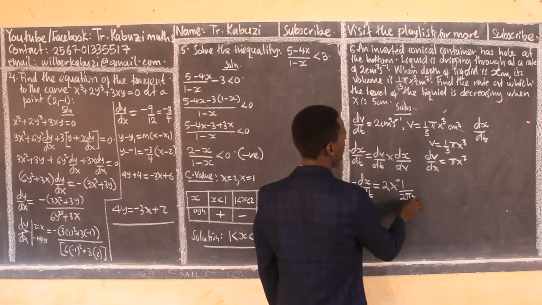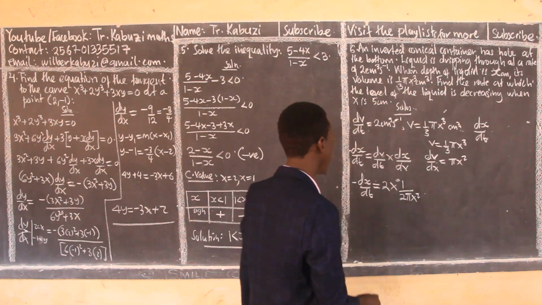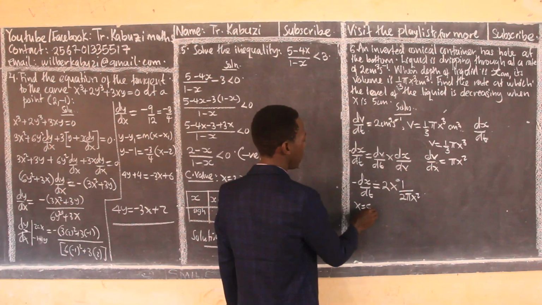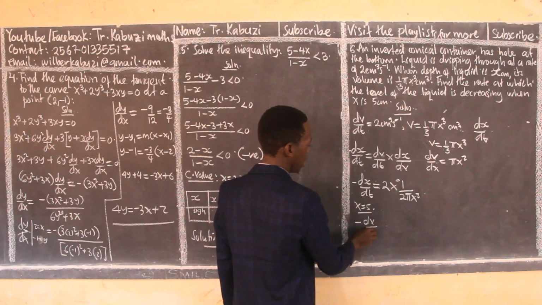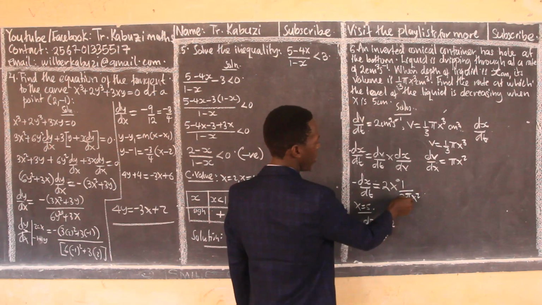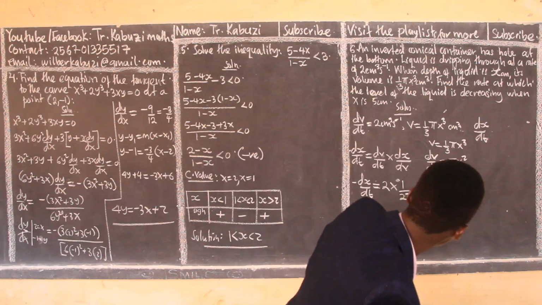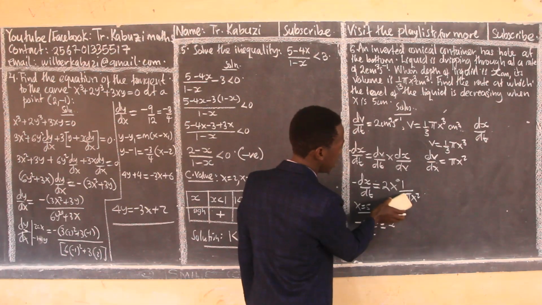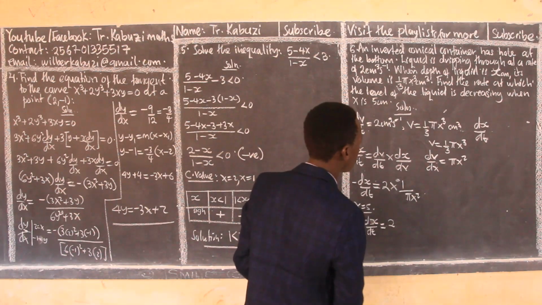But now they told us that when x is 5, I have my negative dx/dt equals 2. Of course, this 2, sorry, this 2 is not there by the way, because we are just getting the reciprocal of this.